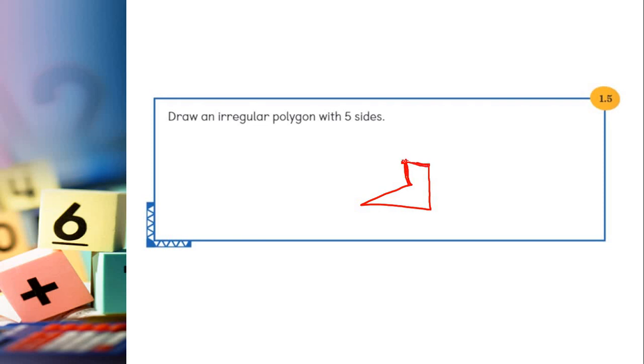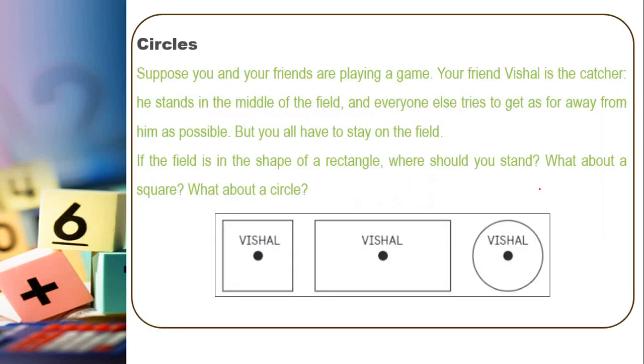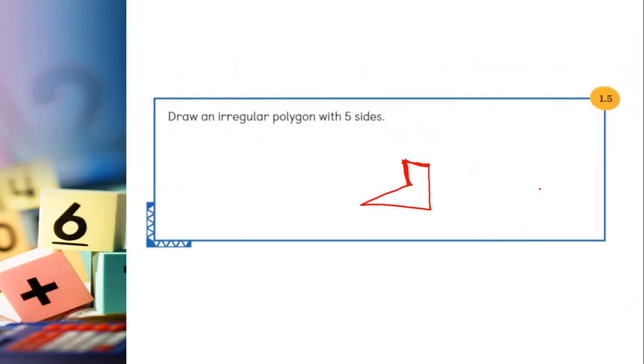So it should be only with the line segments and with different lengths. In this way you have to draw one more polygon. Up to this, complete all the questions neatly in your book, children. We'll continue our next topic in our next session.